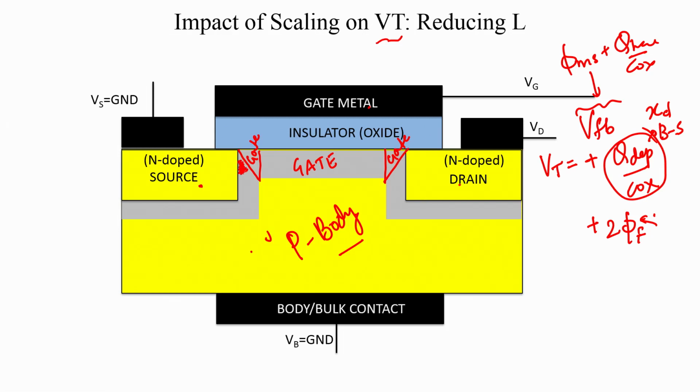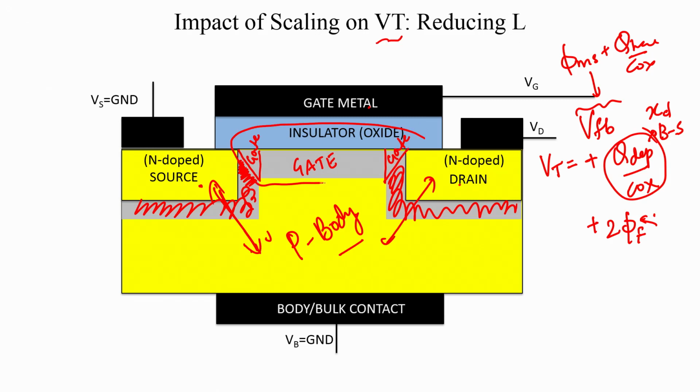Everything else, the remainder half and all these regions, are depleted by the PN junction between source, drain and bulk. So, all these are jobs of the PN junction. Essentially, all the gate charge goes into depleting that particular region.